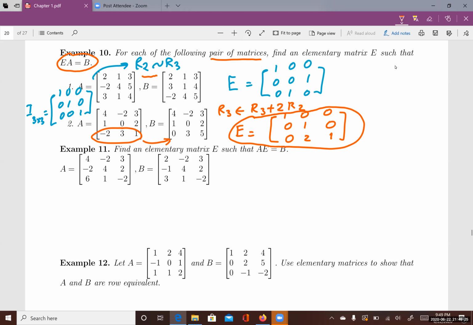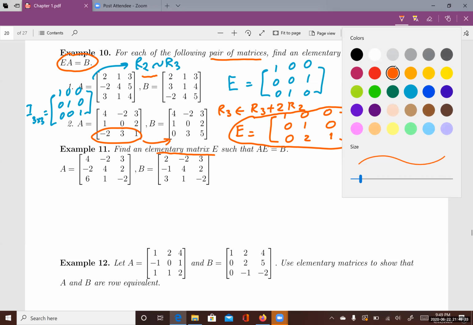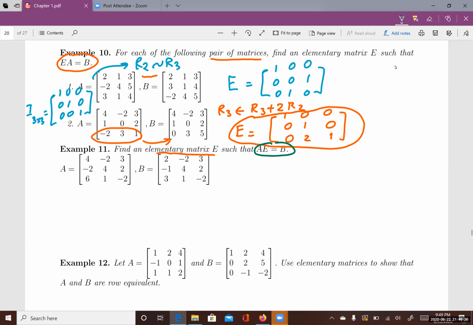All right, let's go to the next example. Now you want to find an elementary matrix E such that A times E equals B. This time, keep in mind that if you multiply an elementary matrix on the right of a matrix, you are changing one of the columns of matrix A. So we have to look at columns.